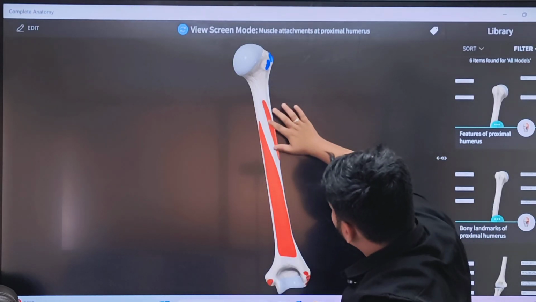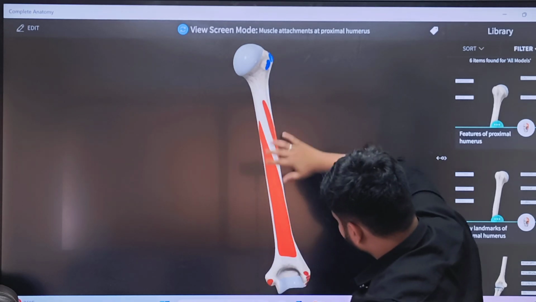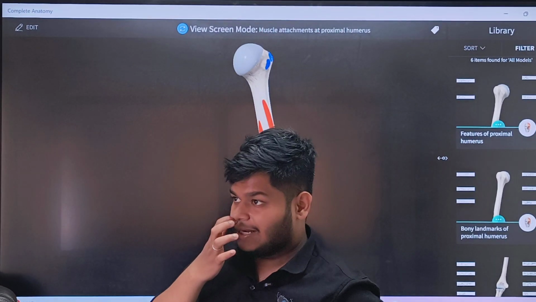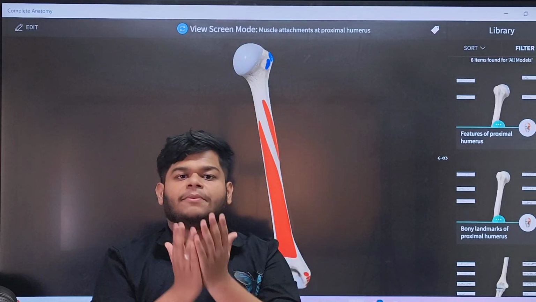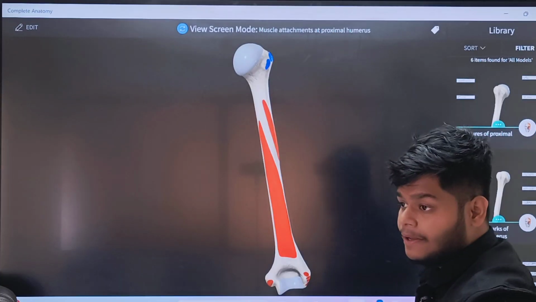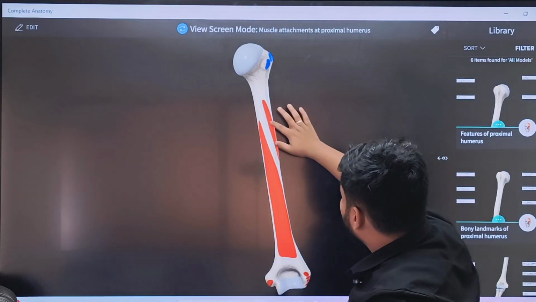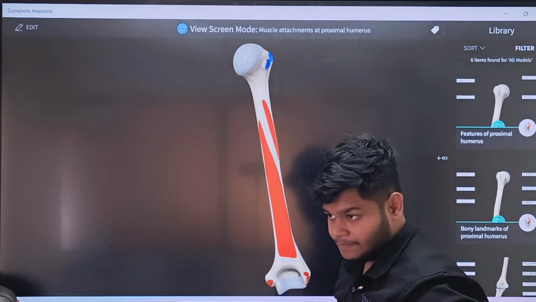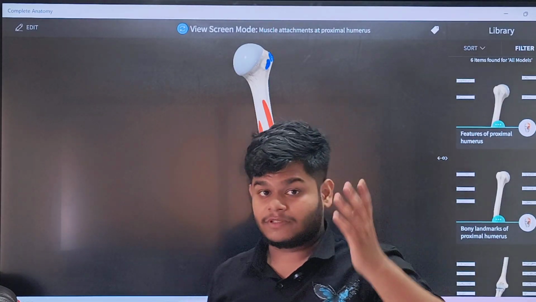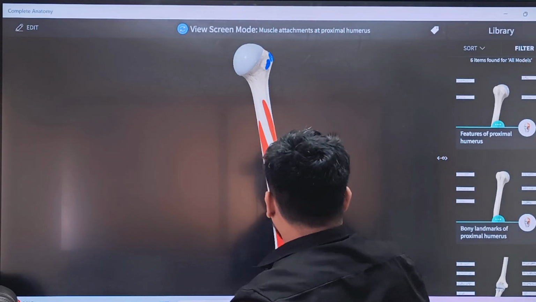Here there is the origin of the lateral head of the triceps, and here is the medial head of the triceps. The triceps is a group of three muscles: long head, lateral head, and medial head. We have seen the attachment of the long head on the scapula bone.